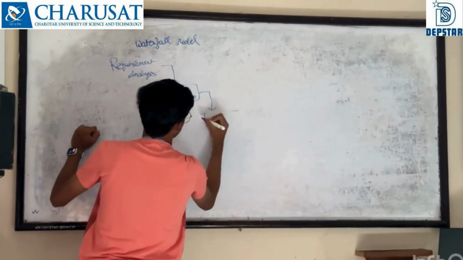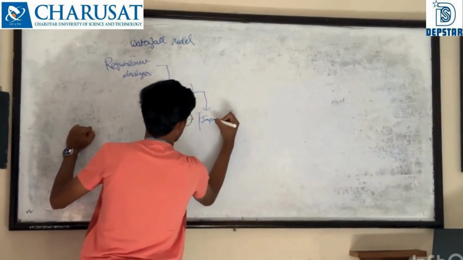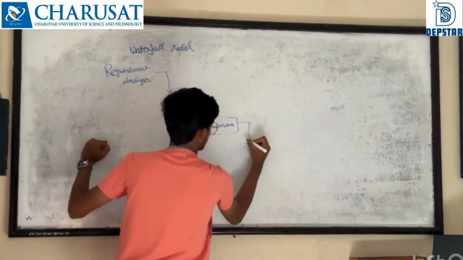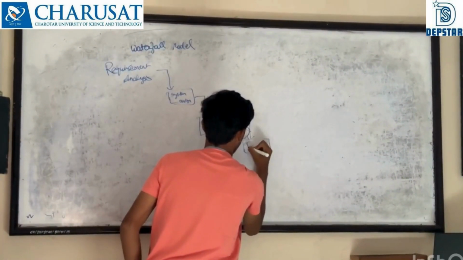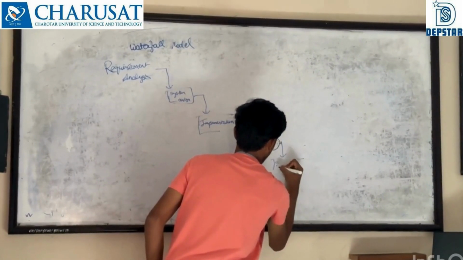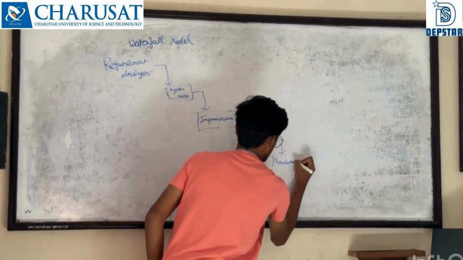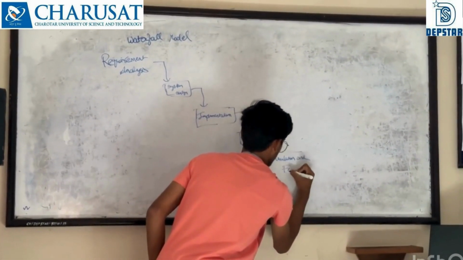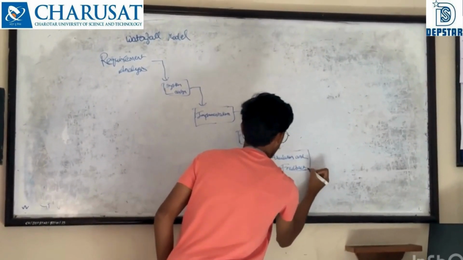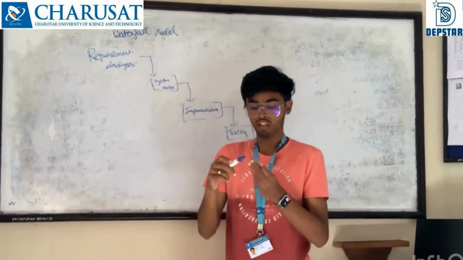System design is followed by implementation. Implementation is followed by testing. Testing is followed by evaluation and feedback. So basically this is how the waterfall model works.